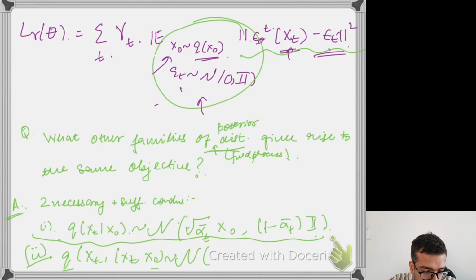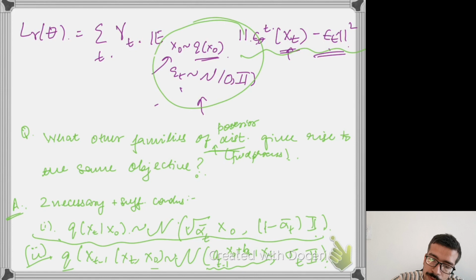The variance can be any variance, but the mean should be some function, let me say at minus 1 x naught plus bt minus 1 xt.